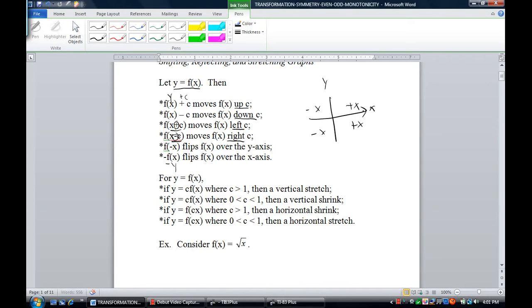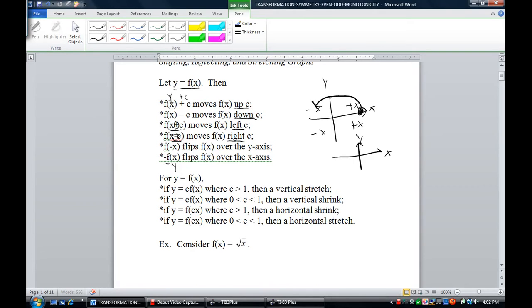So if you were to take this right side, go from the positive x to the negative x's, it's over which axis? And as you can tell, it's over the y-axis. Now let's look at what happens when we go from a positive y to a negative y.